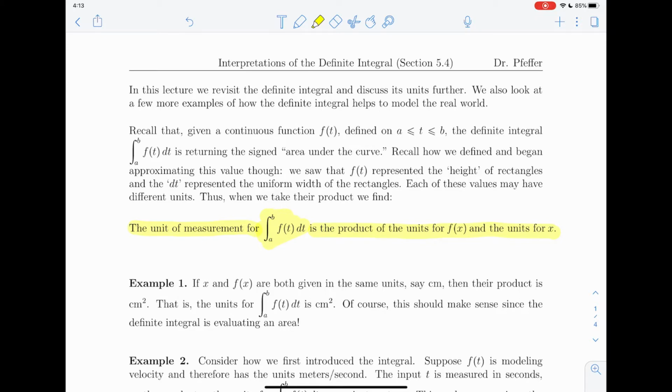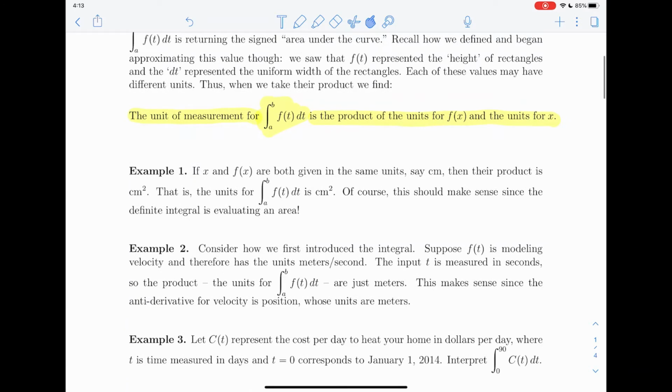So, for example, if both x and f of x are given the same units, for example, say centimeters, then their product is, of course, centimeters squared, meaning that the units for this definite integral is given as centimeters squared.